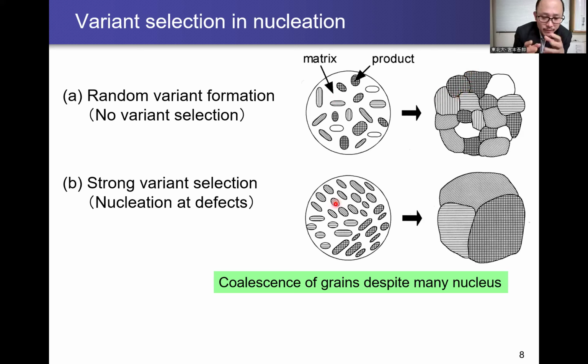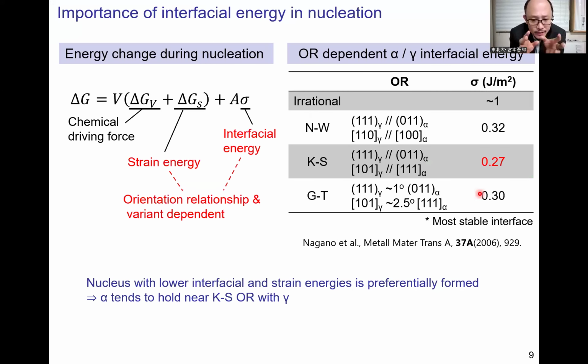However, if a specific variant is selected in the nucleation stage, then those variants will coalesce in the final microstructure, which causes the coarsening of the final microstructure. So the understanding of variant or orientation relationship is quite important. And such variant is determined in the nucleation stage.